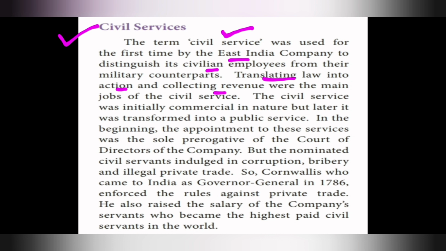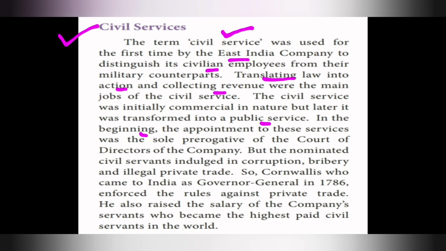The civil service was initially commercial in nature, but later it was transformed into a public service.